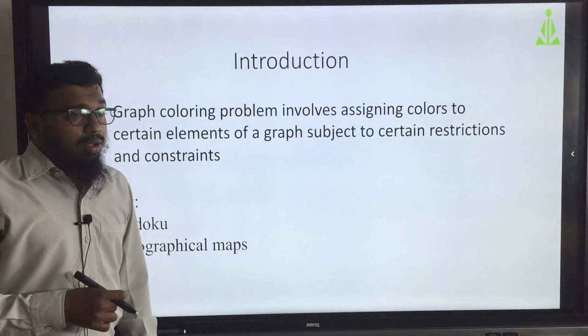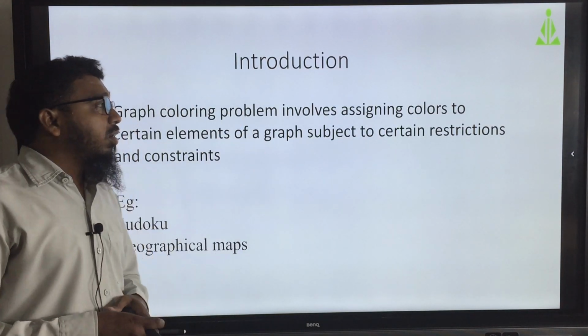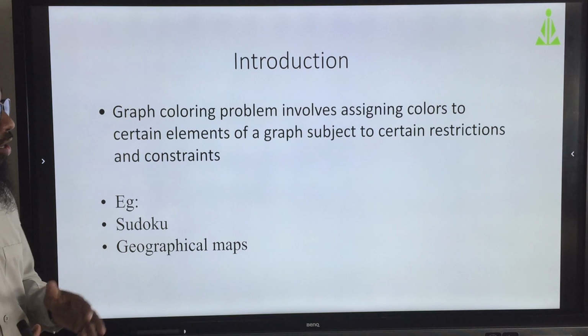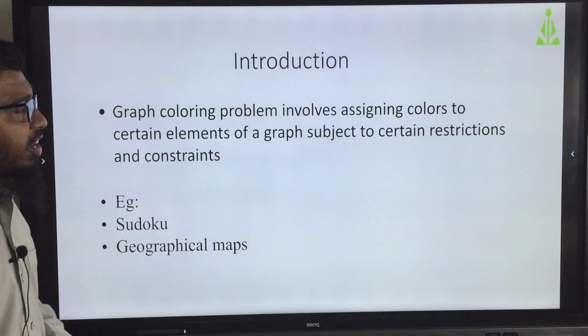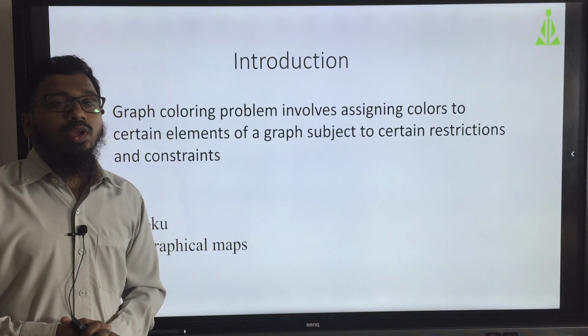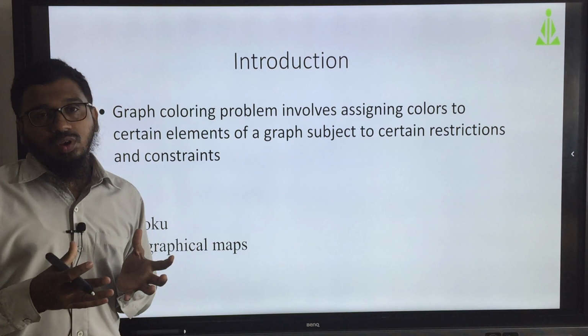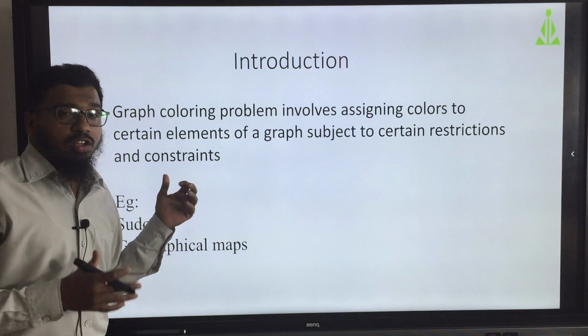The graph coloring problem involves assigning colors to certain elements of a graph, subject to certain restrictions and constraints.